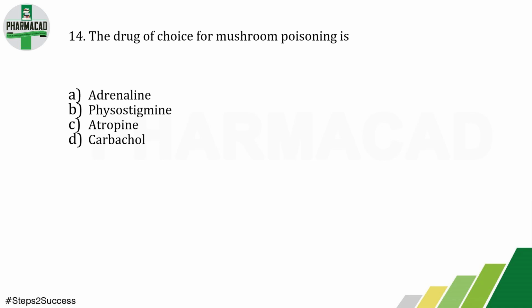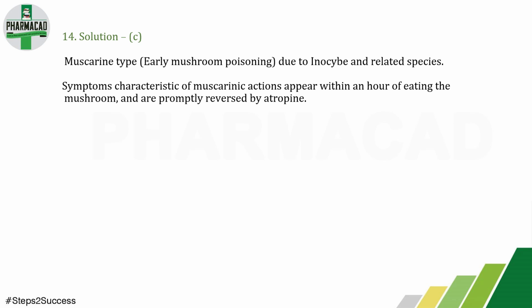Next question: the drug of choice for mushroom poisoning is. Options include adrenaline, physostigmine, atropine, or carbachol. So the solution is option C, that is atropine.